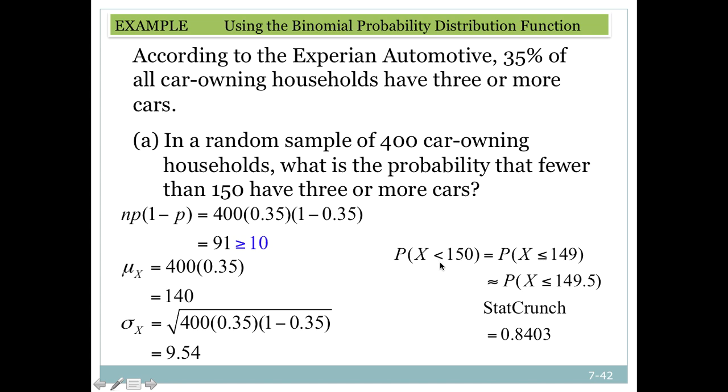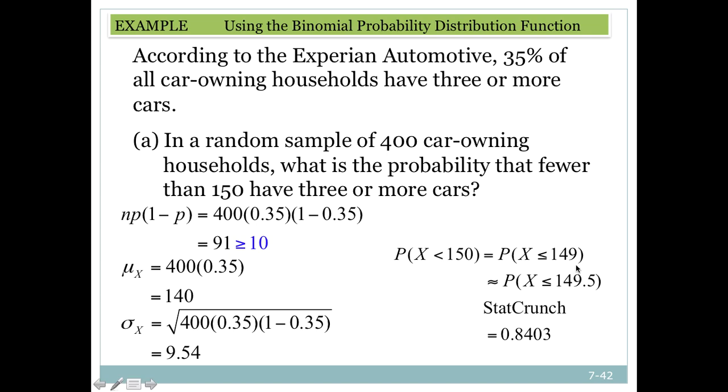This is a strictly less than symbol, so we need to fix that so that it's less than or equal to. So these two things are equivalent. The probability that x is less than 150 is really just the probability that x is less than or equal to 149, because we can't have like 149.7 households.